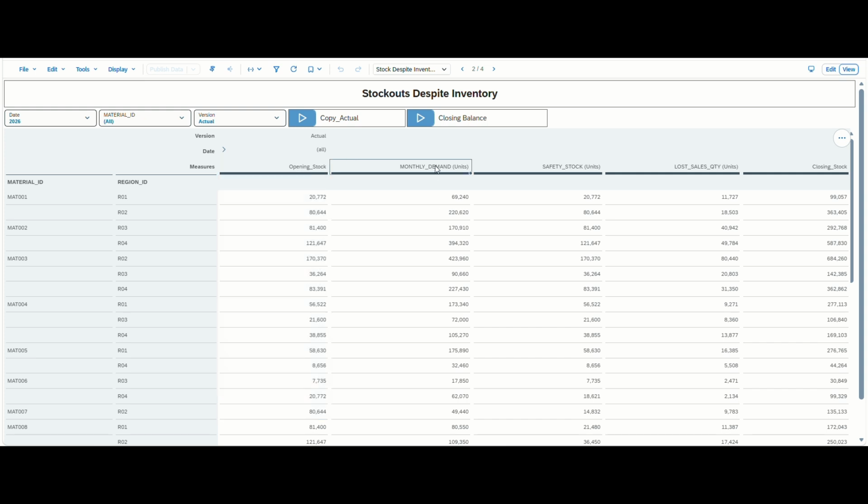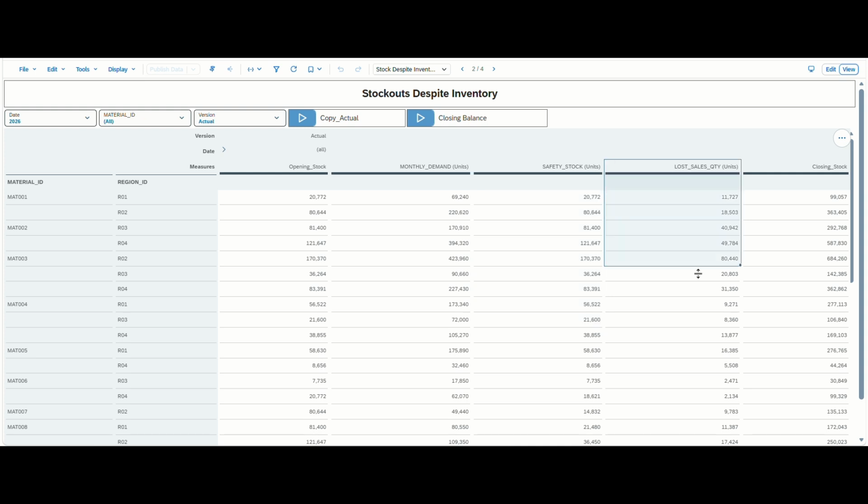Next, the monthly demand measure tracks customer demand volume across materials and regions, helping businesses understand consumption pressure and demand fluctuations. The safety stock metric highlights the minimum inventory buffer maintained to avoid stock shortages and ensure operational continuity.